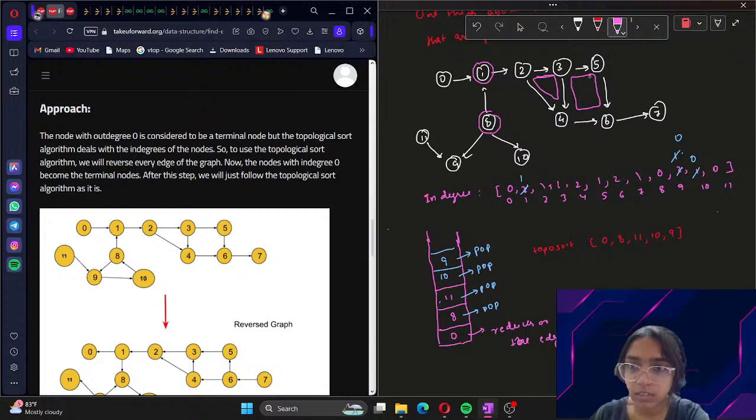These nodes are not considered because they form a cycle, and these nodes are not considered because this node is connected to the cycle.